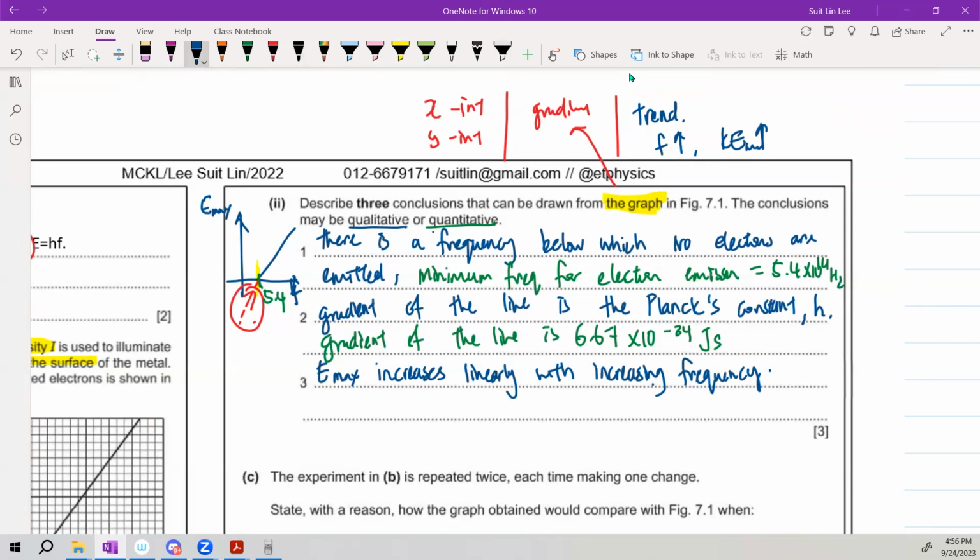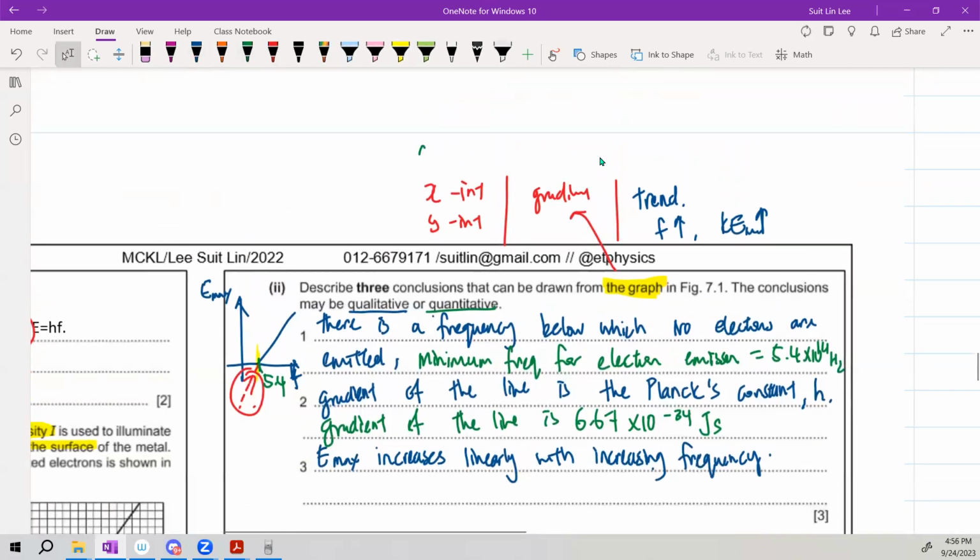Okay. So whenever you are asked to use a graph, I don't care which chapter, okay? Think about the x-intercept, the y-intercept, or basically important coordinates. Does the coordinate represent anything?